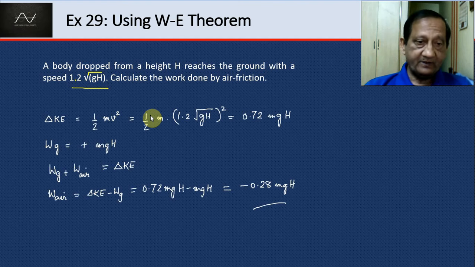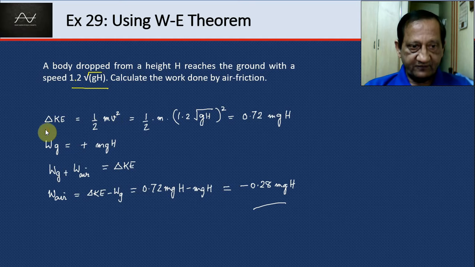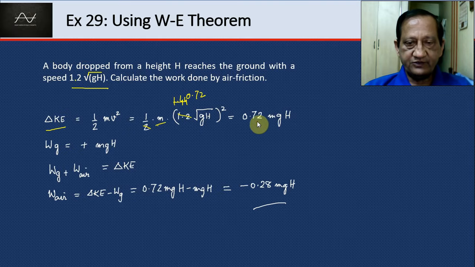It is dropped, which means dropped from rest. So final K is also the change in K, half mv square. Now this will be 1.44, so this will be 0.72. 0.72 m, and the square root will vanish, 0.72 mgh.